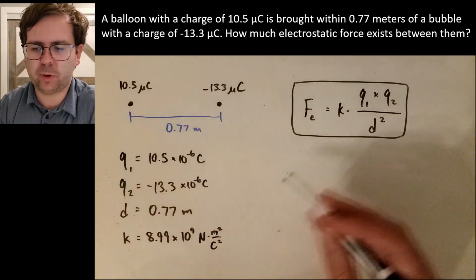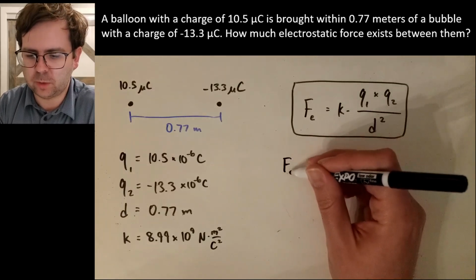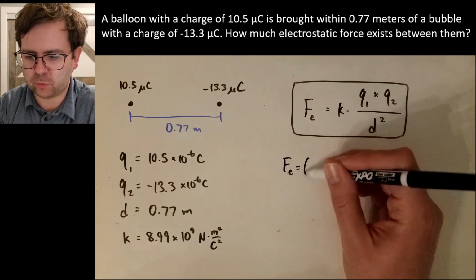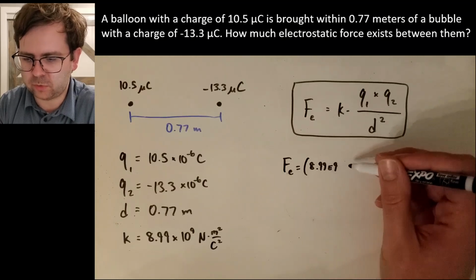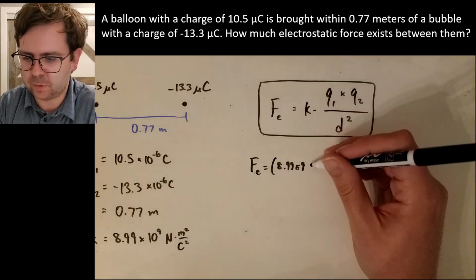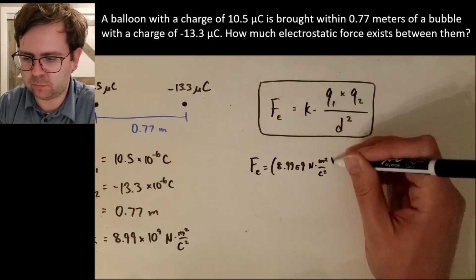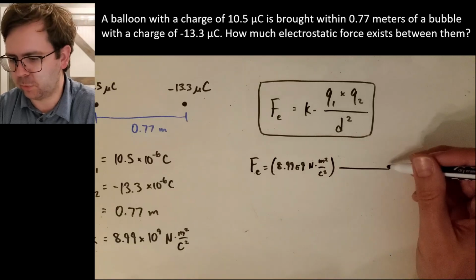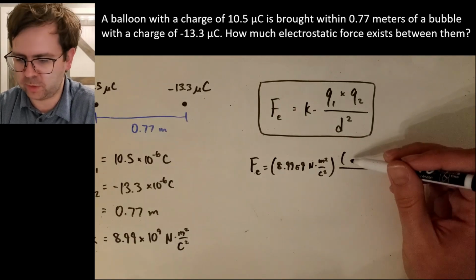I'm going to use this information to substitute into Coulomb's law over here. So I'm solving for the electrostatic force. I have 8.99. I'm going to write E9 to simplify, so I don't have to write so much every time. I'm going to keep the units in here. I like to always have my units in the problem with me because it lets me see how they work out together.